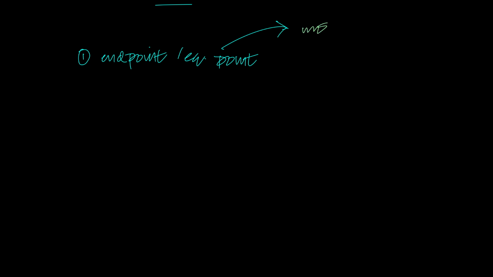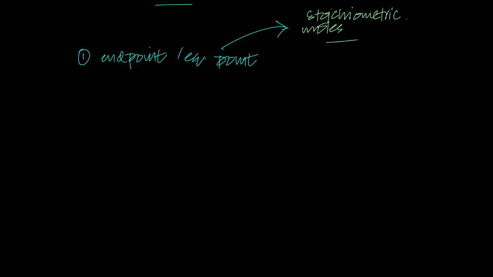Number one, the concept that I taught you was the idea of endpoint or equivalence point. That it has to do with what? Equivalence point has to do with the moles, the stoichiometric moles, not the volume. The volume can be up and down. It doesn't really matter.